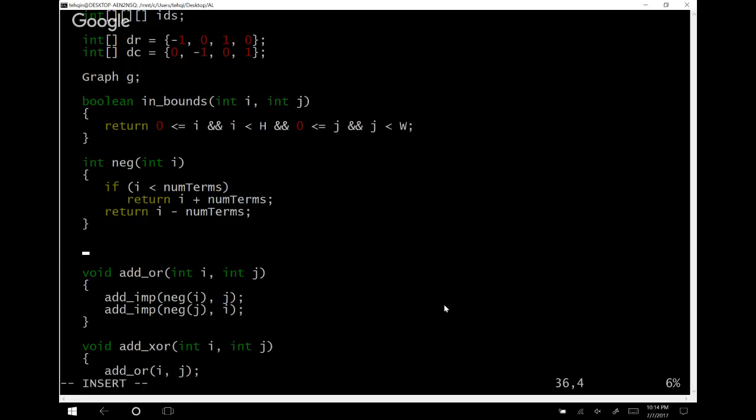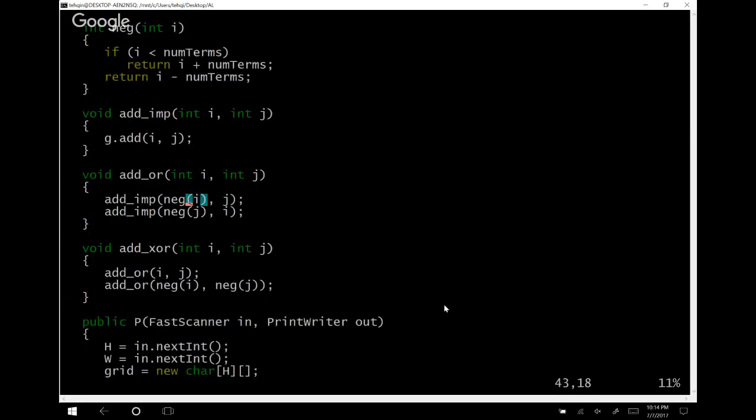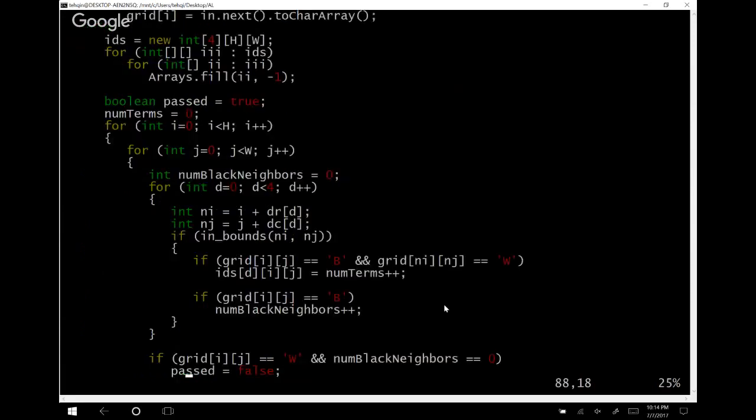And then I can just add implication. The implication just adds it to the graph. That's all that needs to do. So I have or, XOR, and I don't have to do any variable forcing here. But that works out fine.